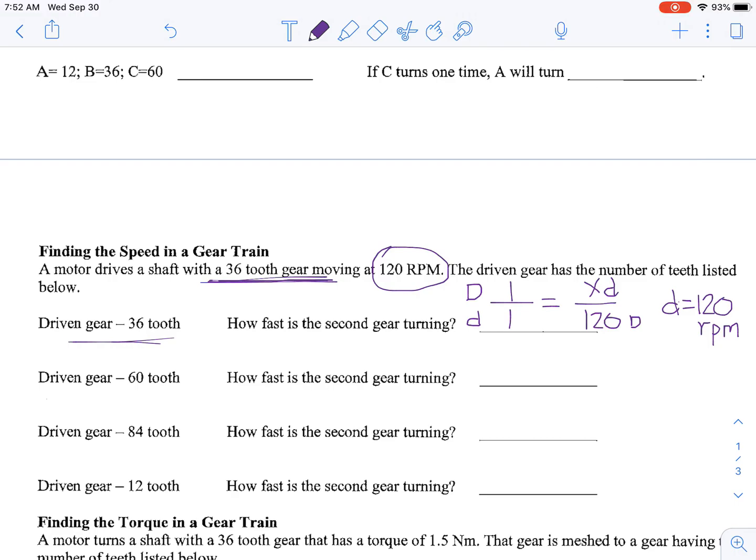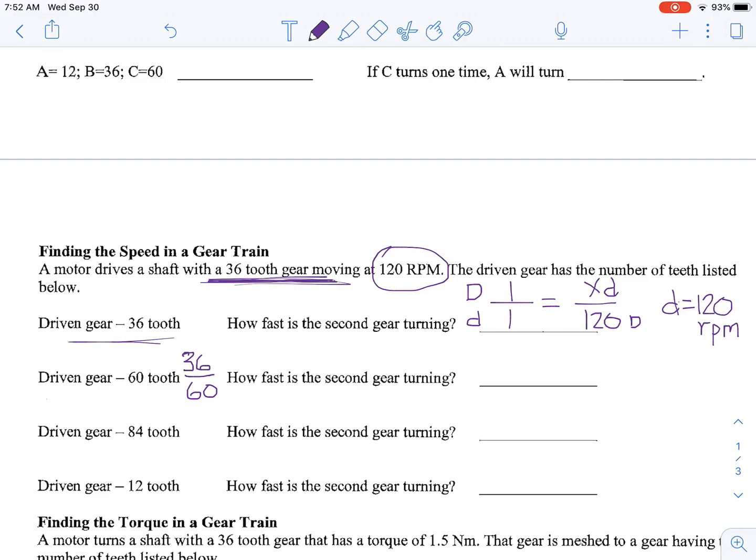So let's look at the next one. We have a driving gear with 36 teeth. I'm going to write this over here, so maybe we can make it a little bit clearer what's going on. And we have a driven gear of 60. That's the ratio. Now, can we reduce that ratio?